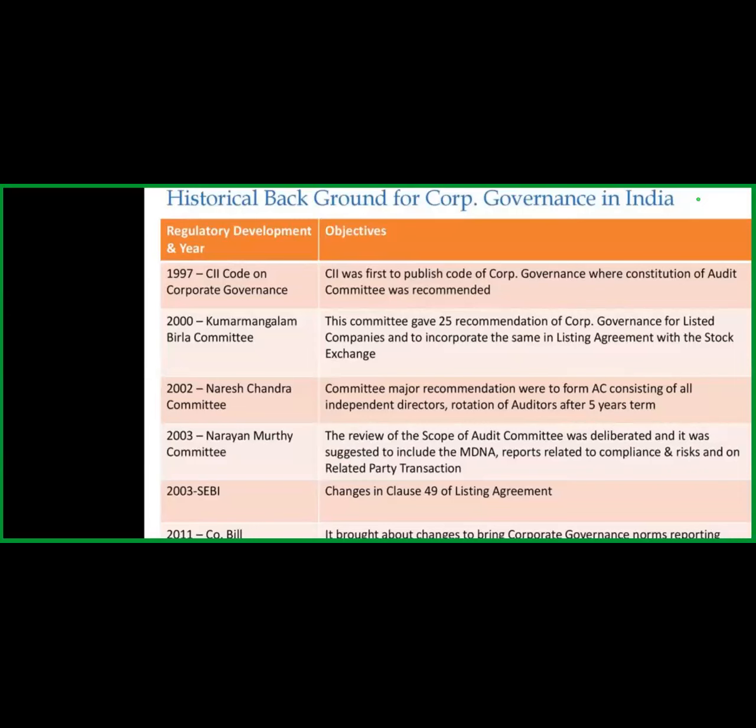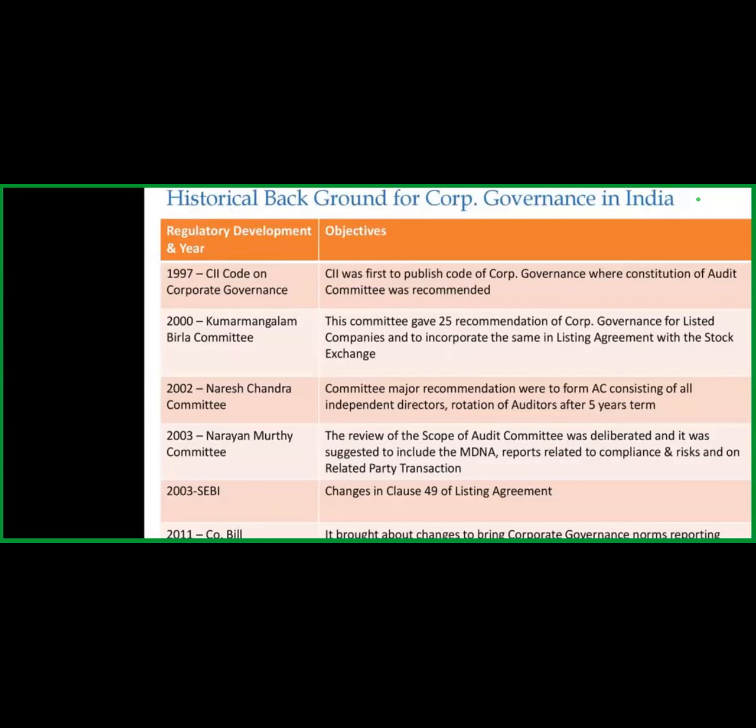Relaxation should also be there, but those relaxations should not work as loopholes, which can be used by any person, any organization, any company, for making illegal profit or unlawful profit. How to avoid that?